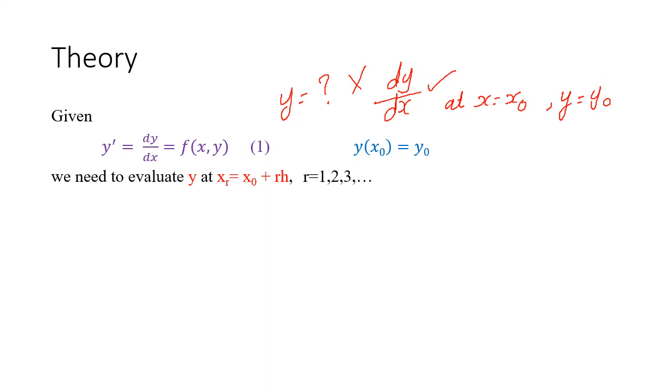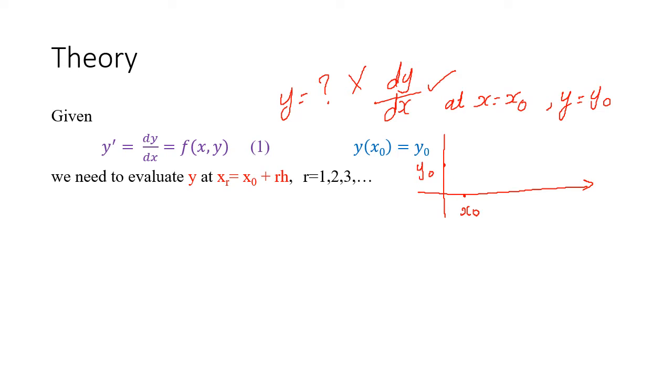The problem is this: we have to calculate the value of the function y at some x point, which is x0 plus rh, where r is equal to 1, 2, 3, etc. Graphically speaking, at x equal to x0, the function y is known.